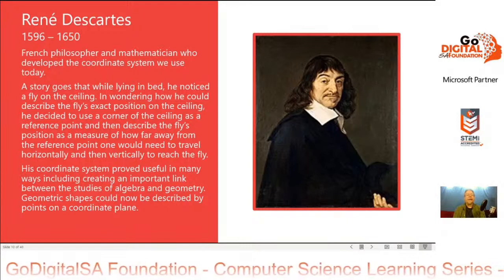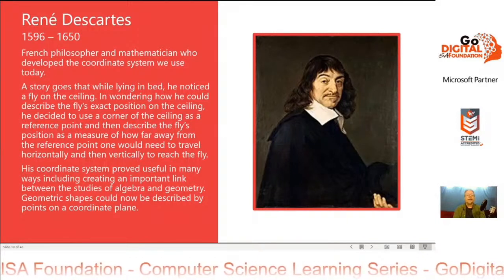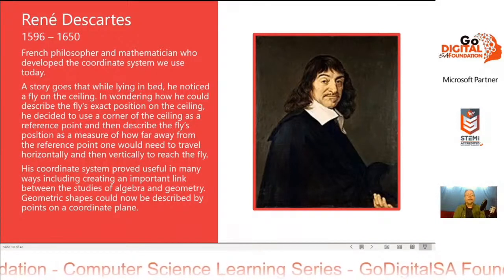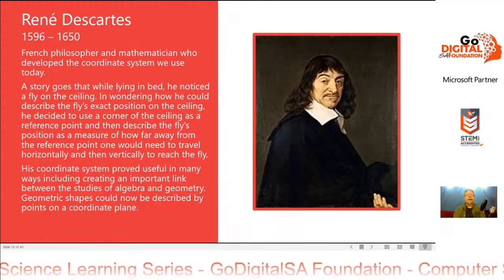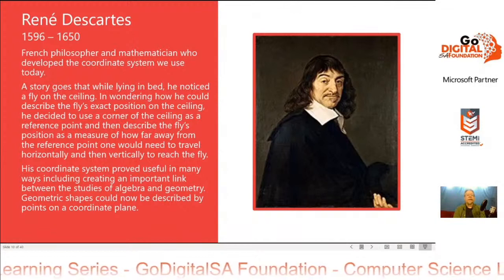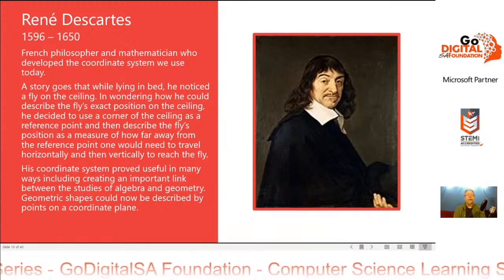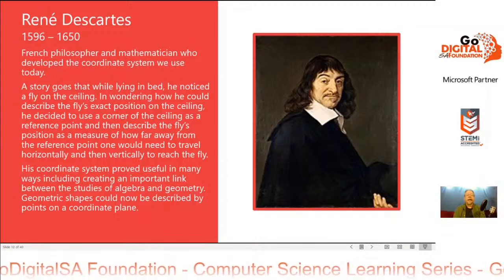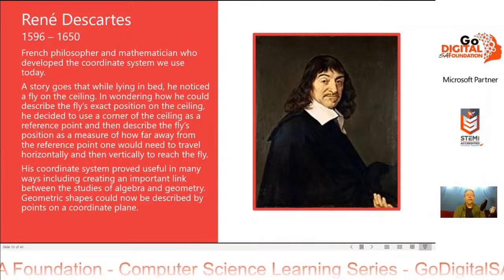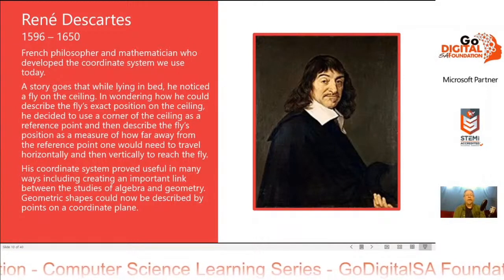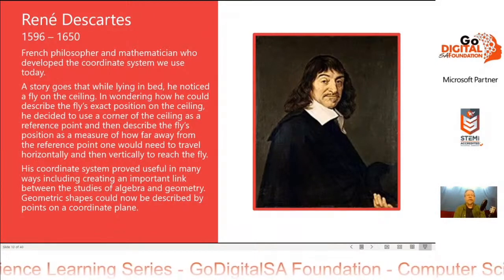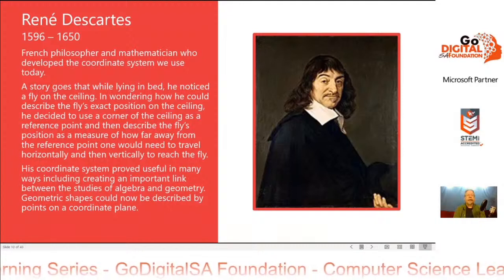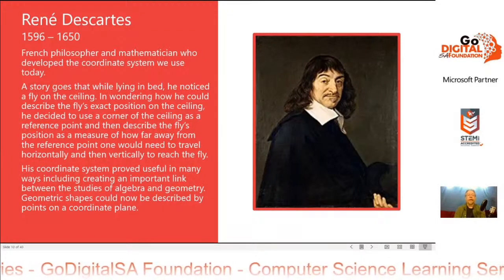In wondering how he could describe the fly's exact position on the ceiling, he decided to use a corner of the ceiling as a reference point, and then describe the fly's position as a measure of how far away from the reference point one would need to travel horizontally and then vertically to reach the fly. His coordinate system proved useful in many ways, including creating an important link between the studies of algebra and geometry. Geometric shapes could now be described by points on a coordinate plane.